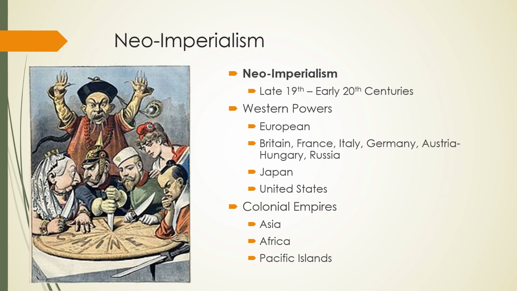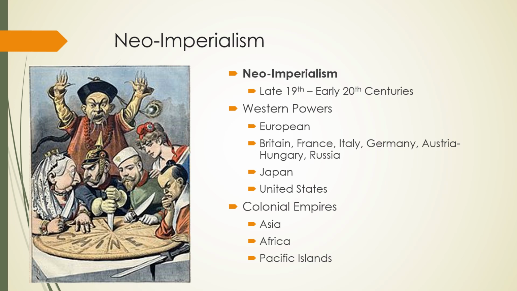However, Japan has gone through a process of westernization, or sometimes people will use the word modernization. Sometimes that word can be controversial today, but what we mean is Japan has industrialized. Japan has a modern military. And then, of course, the United States is very similar to Europe in terms of industrial and military power.